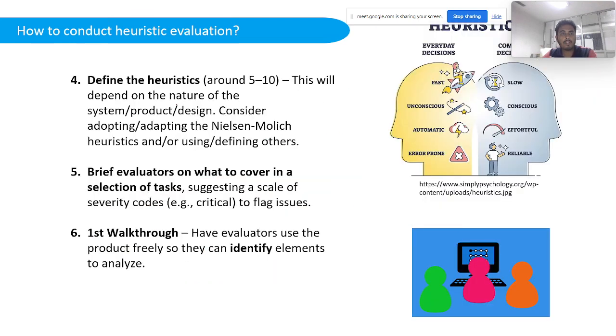Fourth is defining the heuristics. Now there are different sets of heuristics already existing, like Nielsen's heuristics, which are commonly used for graphical user interfaces, and there are also different heuristics already provided in the past by scholars, for example, for conversational agents and for speech-based user interfaces. For graphical user interfaces also, many researchers have provided heuristics.